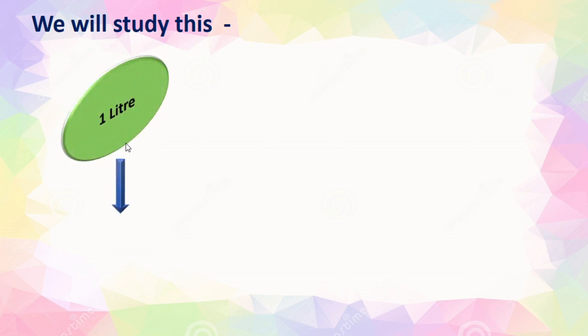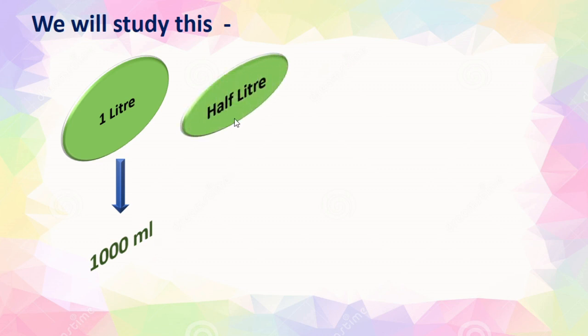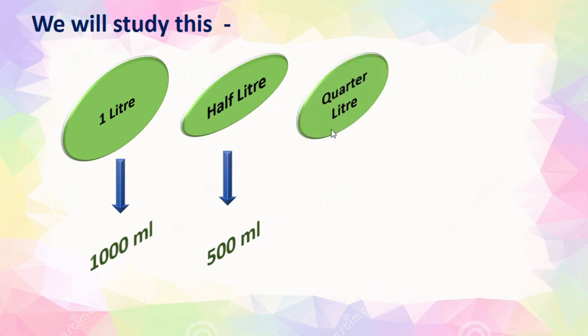We will study this. Now 1 liter is equal to 1000 ml, milliliter. This we know. So half liter is equal to half of 1000, that is nothing but 500 ml. Now what about quarter liter?